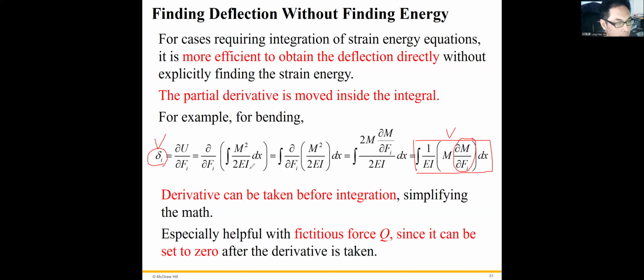Okay, in this case the derivative can be taken before the integration, simplifying the math, especially helpful with the fictitious force. So this method is much more helpful with the dummy load, since it can be set to 0 after the derivative is taken.